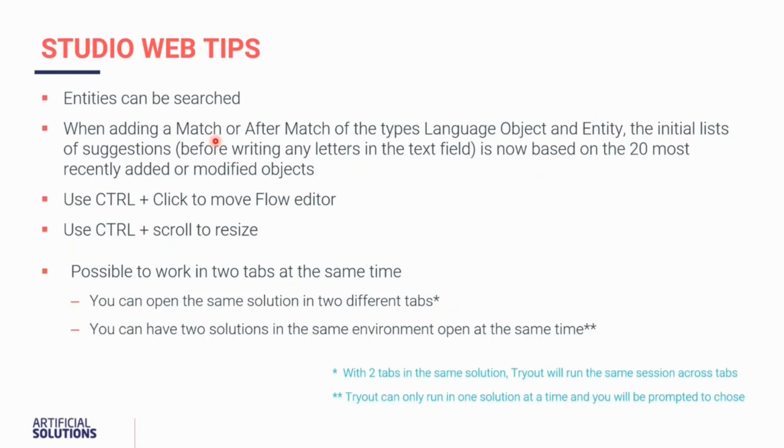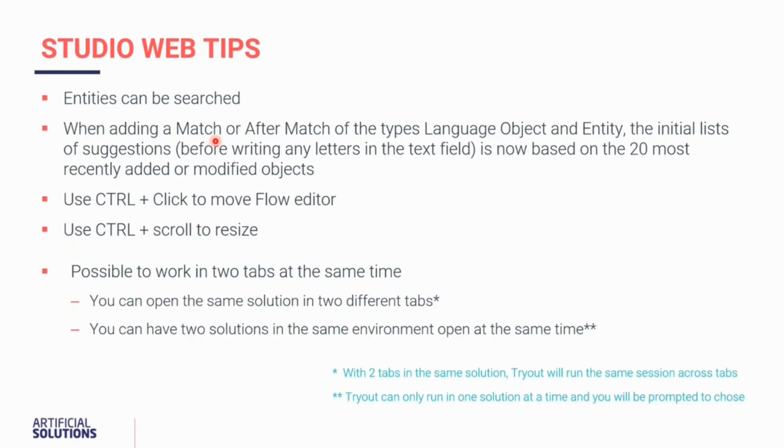The other thing that you can also do now with working with different tabs is that you can have 2 different solutions from the same environment open at the same time, which is something that, as you know, we're not able to do in the client, right? So now if you're on the web, you have the option to do that. If you need to copy something over from one solution to the other, for instance, that might be useful.